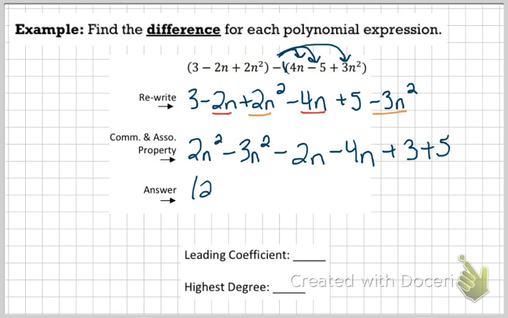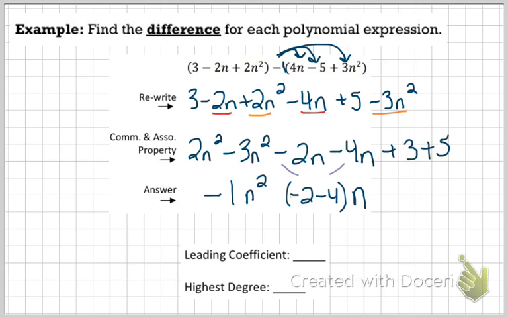And that is 2 minus 3n squared. N squared is what they have in common, so we got to subtract. 2 minus 3 is negative 1, so it starts off with negative 1. Negative 2 minus 4. These two like terms is the same thing as saying focus on negative 2 minus 4.